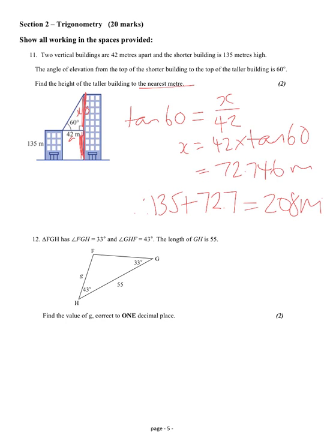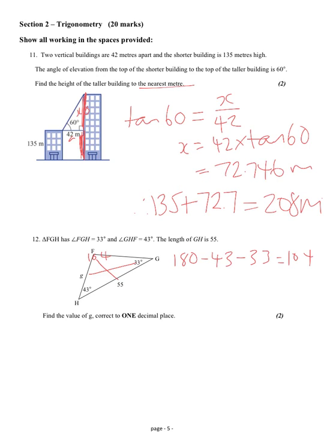So 12. We need to find G, so we use the sine rule because we have two sides and two angles, but they don't match. We need this angle in here, so triangle is 180, so 180 minus 43 minus 33 gets us 104, so this angle here is 104.